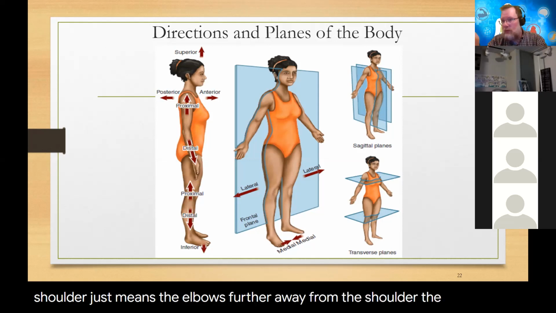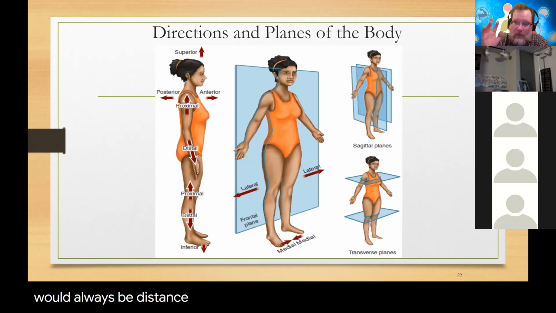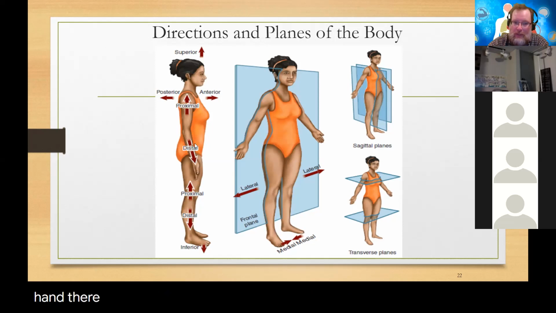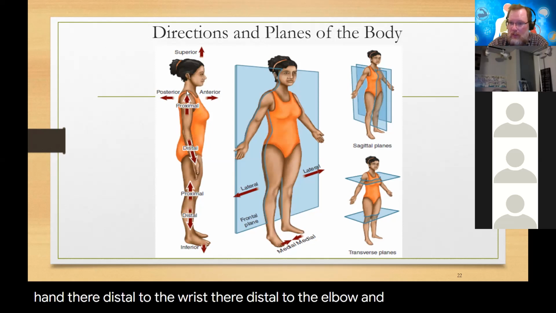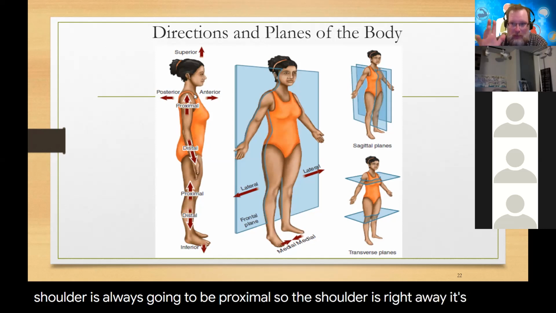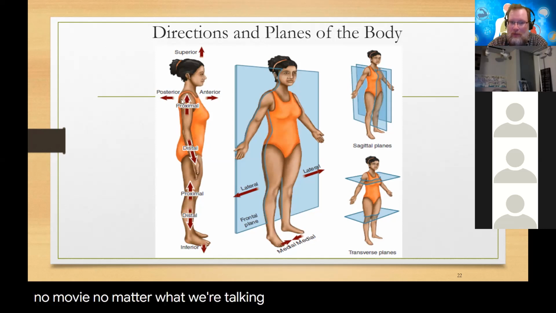The fingers would always be distal. So if you're saying the fingers are, you can just put distal no matter what. The fingers are most distal. So the fingers are distal to the hand, they're distal to the wrist, they're distal to the elbow, and so on. The shoulder is always going to be proximal, no matter what we're talking about. The shoulder is proximal to everything else.